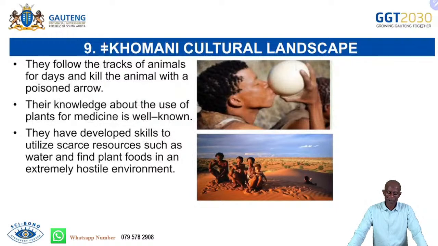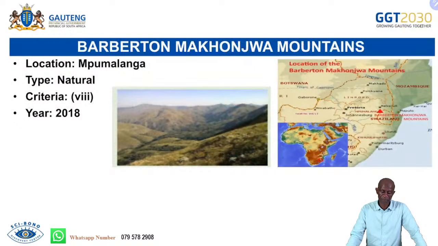Their knowledge about the use of plants for medicine is well known. They have developed skills to utilize scarce resources such as water and find plant food in an extremely hostile, unfriendly environment. They are adapted to such conditions.